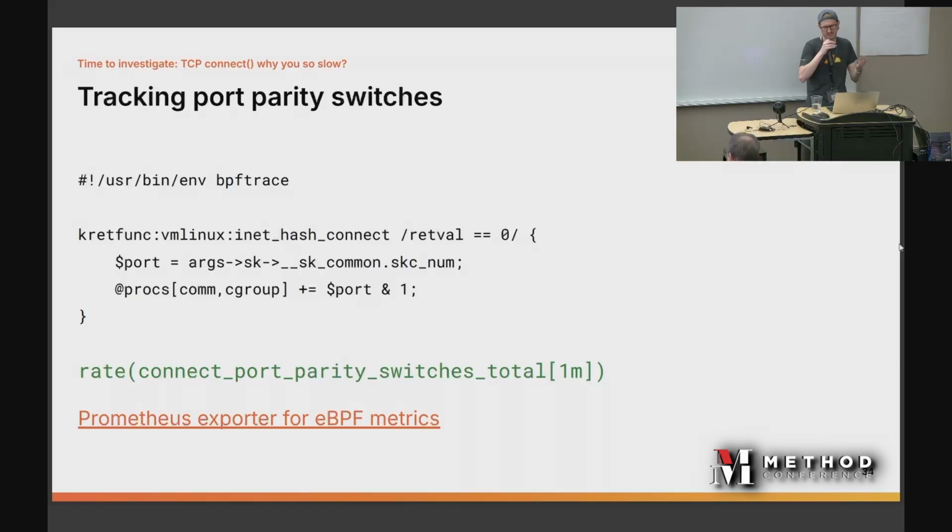This only works for even ports. If your low port range was an odd number, you need to switch this around to 0, because when I'm doing it as 1 right here, I'm saying if this is an even number, ignore it. Only count it if it's an odd number, because that's exactly what we want.